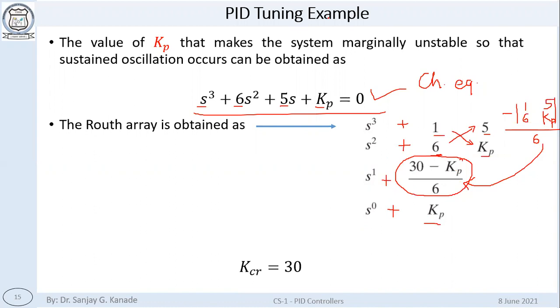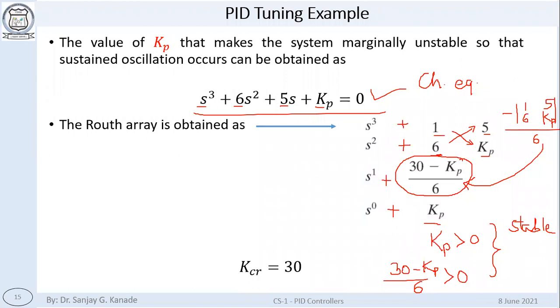Because in the Routh table, there should not be any sign change if the system has to be stable, correct? For the system to be stable, there should not be any sign change. Means Kp should be greater than 0 for a stable system, and (30 minus Kp) upon 6 should also be greater than 0. For a stable system, both of these conditions must be satisfied.